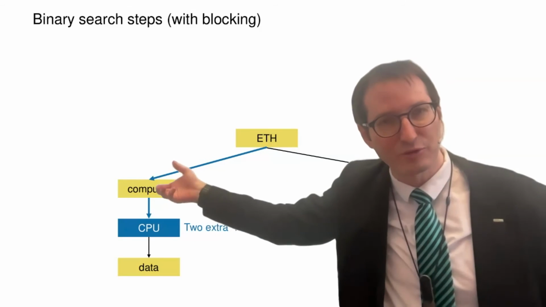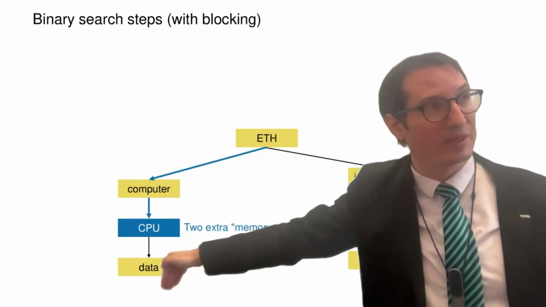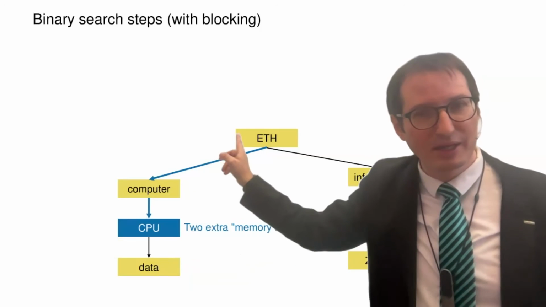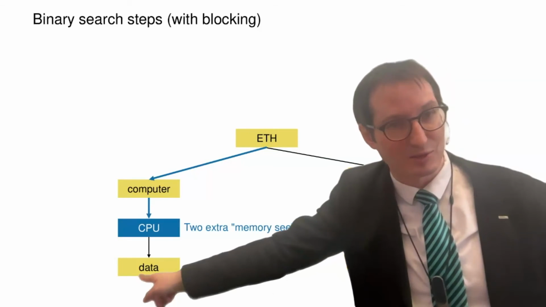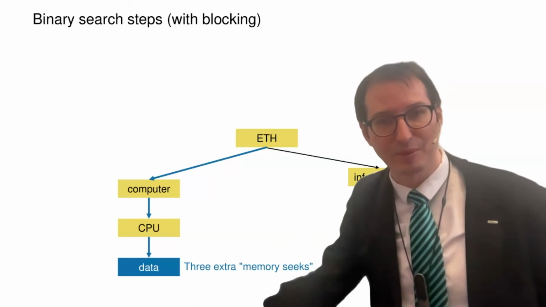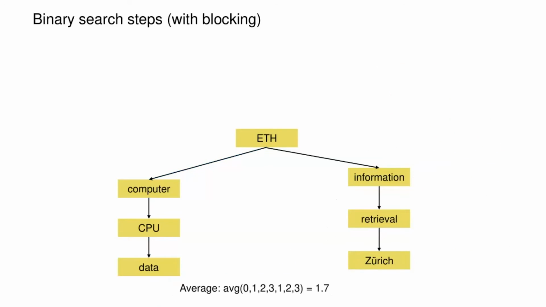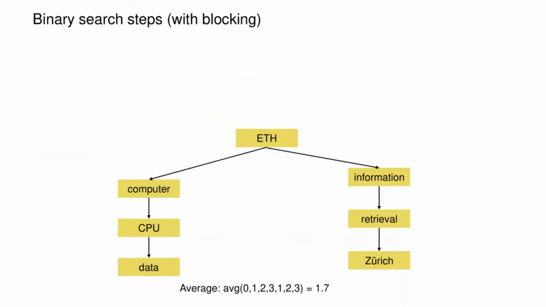Once you have arrived at a block of terms, then it's linear within that block of terms, right? So in the worst case, the term you're looking for is at the very end, right? That's the last one. So in that case, there would be even 3 extra memory seeks. So you see here, it's now 1.7. So just to show you concretely that you can do calculations on how it's slowing you down, right?